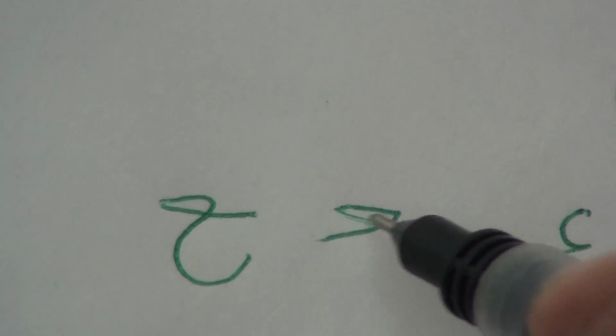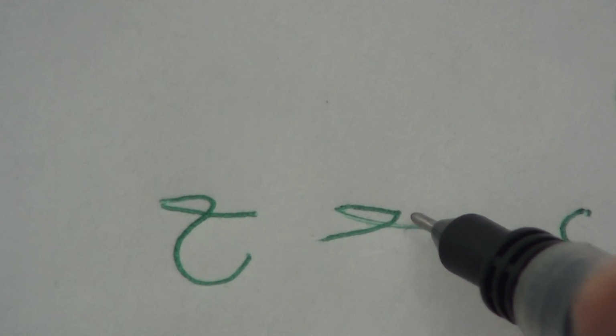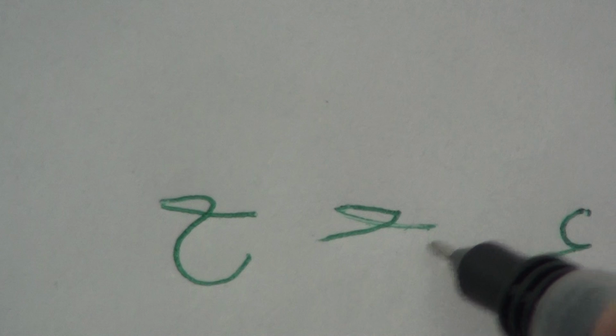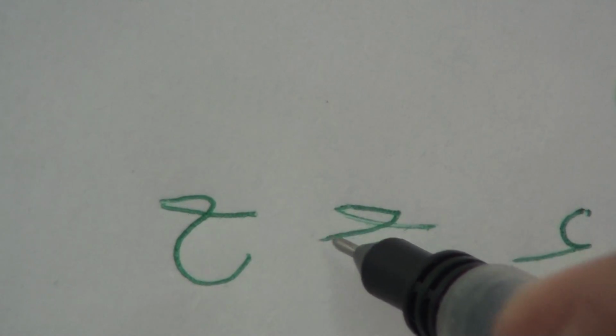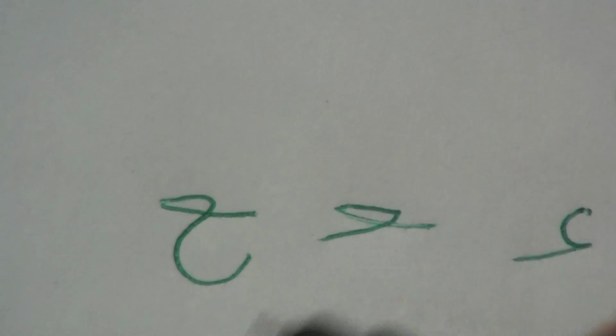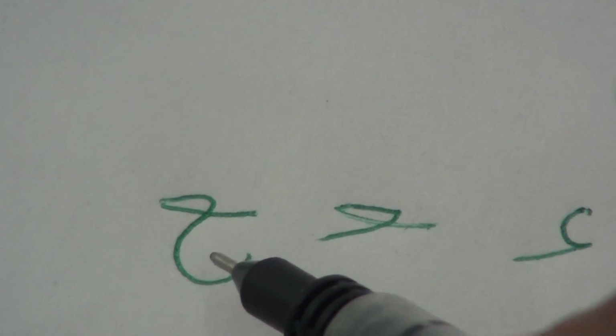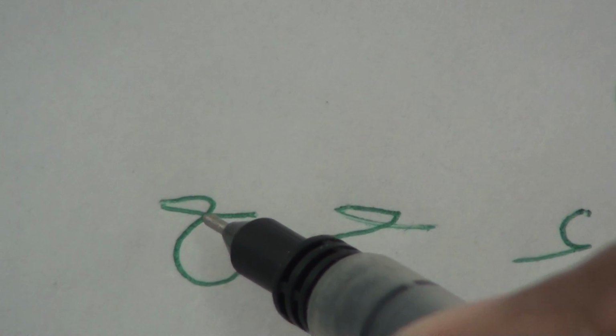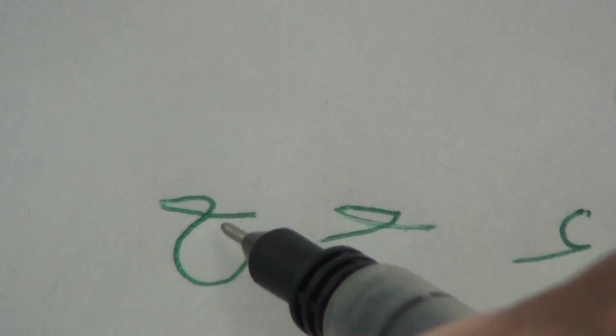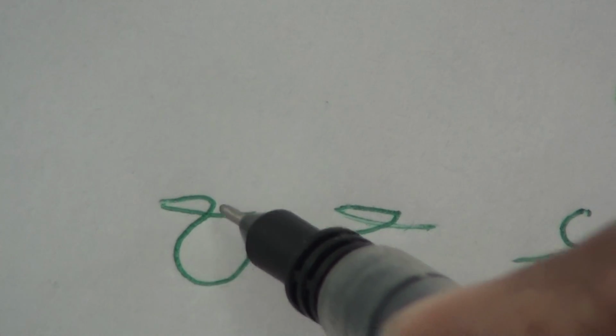This is Ain at the middle of the word. First letter is joined here and next letter is joined here. This is Ain at the end of the word. The letter before Ain is joined here.